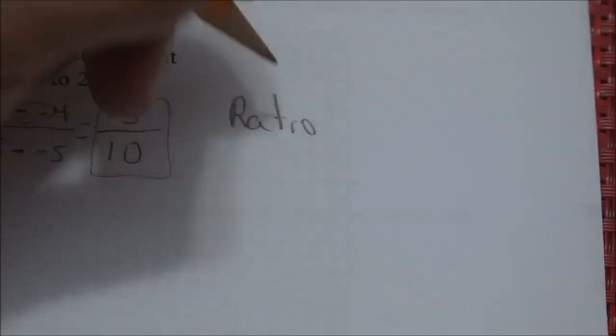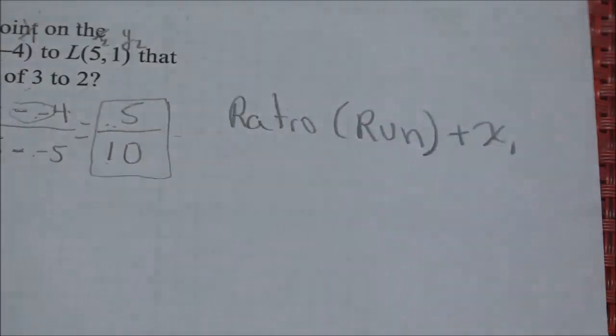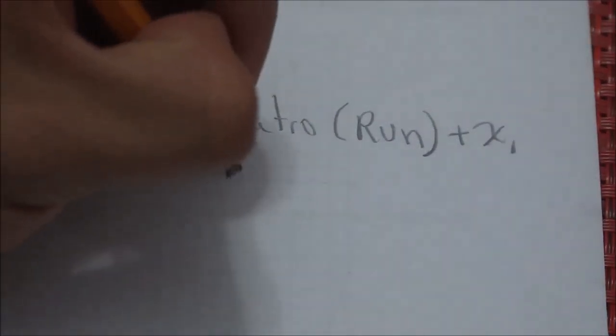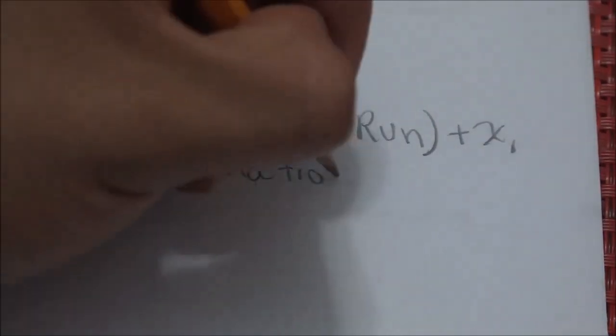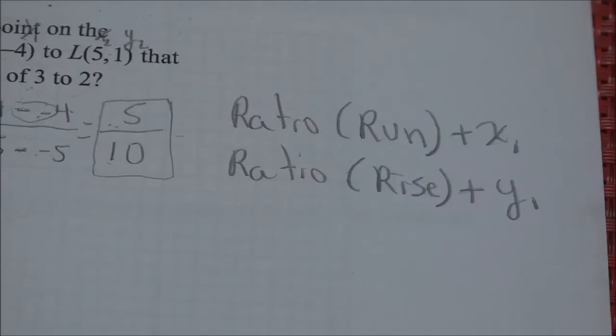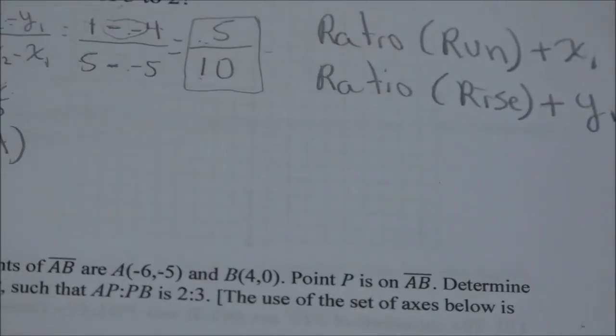Ratio, yours, times run, plus x1. Ratio times rise. Remember, the rise has to do with the y and the run with the x. That's why I wrote it like that. Plus y1. That's it. So now let's see if it works.